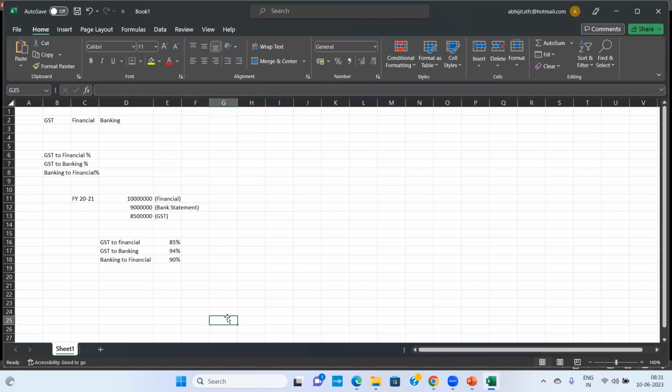Sales might come to me and say, boss, there is a turnover of 1 CR. I'll say, no, there is a turnover of 85 CR, which is being reflected in the GST. So GST to financial means GST data is what you are going to consider.